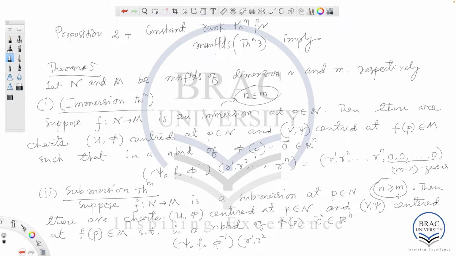Remember, n is greater than or equal to m in this case. So R1, R2 all the way up to Rm, after which comes Rm plus 1, and all the way up to Rn.